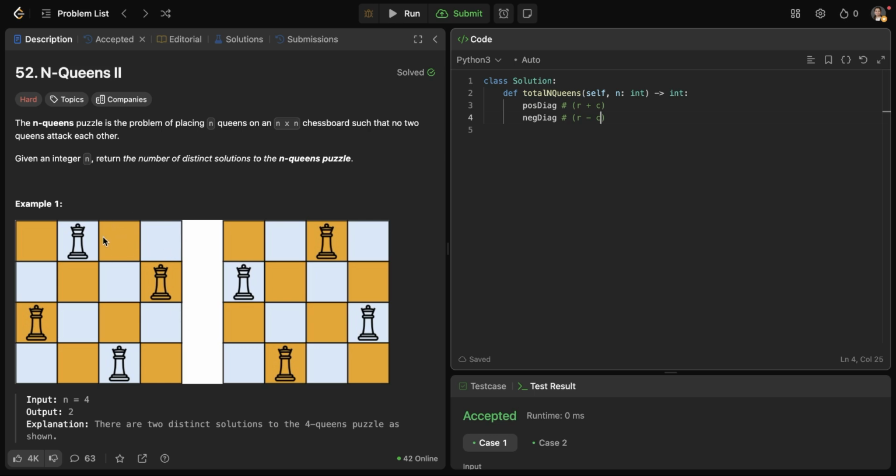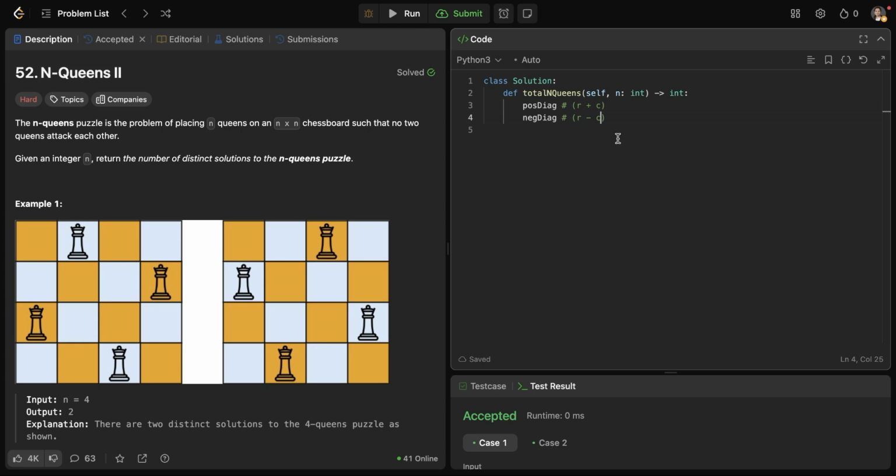For this one, your row is 0, column is 2, 0 minus 2, minus 2. Your row is 1, your column is 3, 1 minus 3, minus 2. Same way for this one, your row is 0, column is 1, 0 minus 1, minus 1. Your row is 1, column is 2, 1 minus 2, minus 1. And r minus c will remain minus 1 for this. Same way for this one, r minus c will be 0.